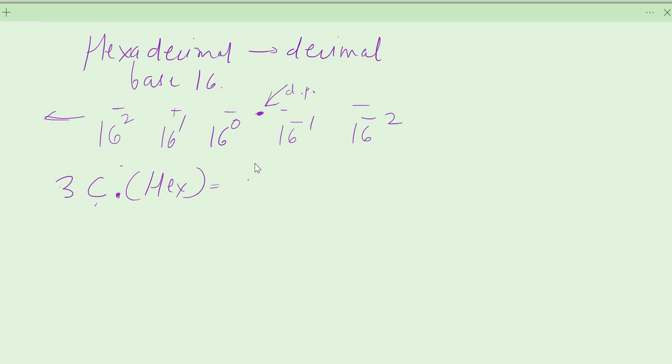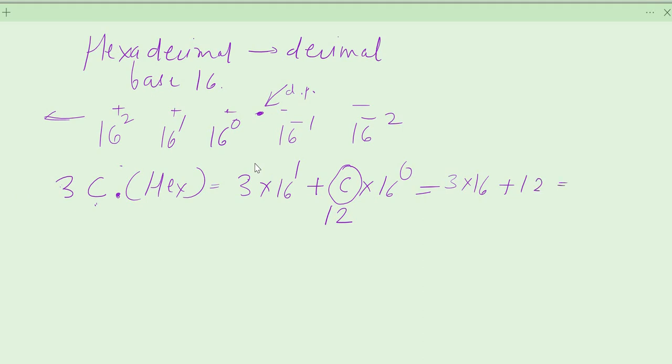So 3 into 16 raised to 1 plus C into 16 raised to 0. Now what is C? C is nothing but 12. So what we get is 3 into 16 plus 12.